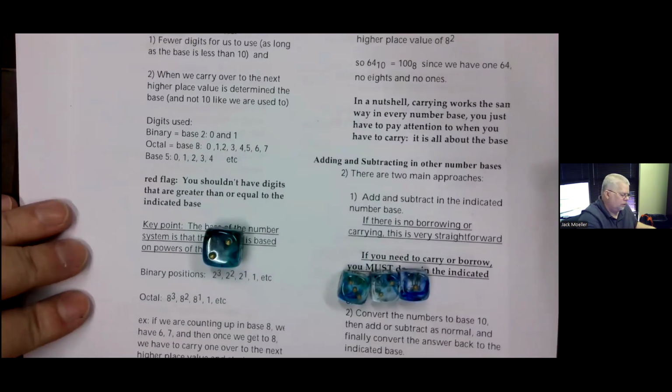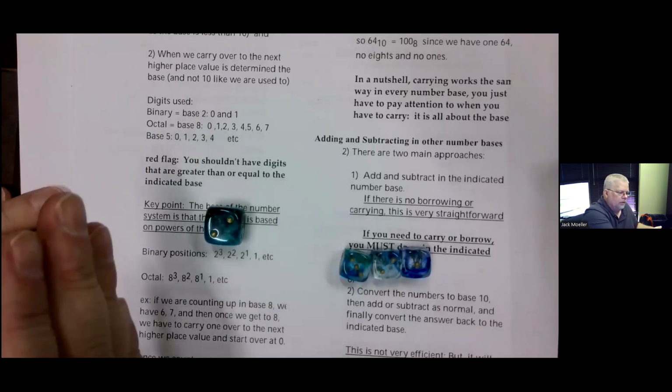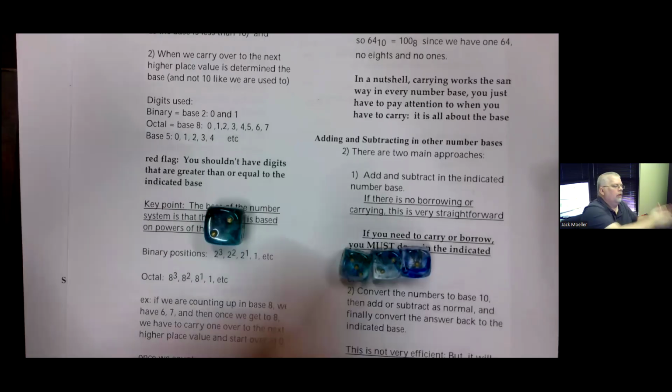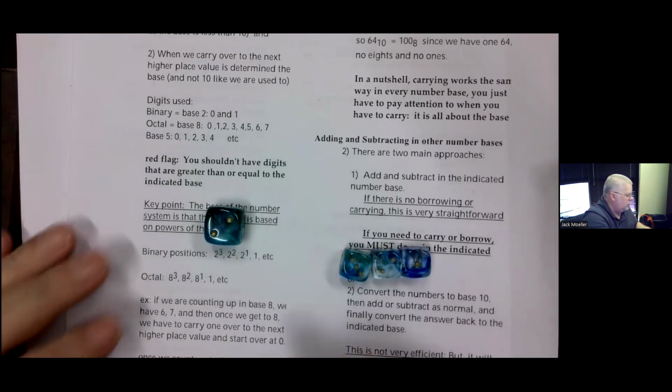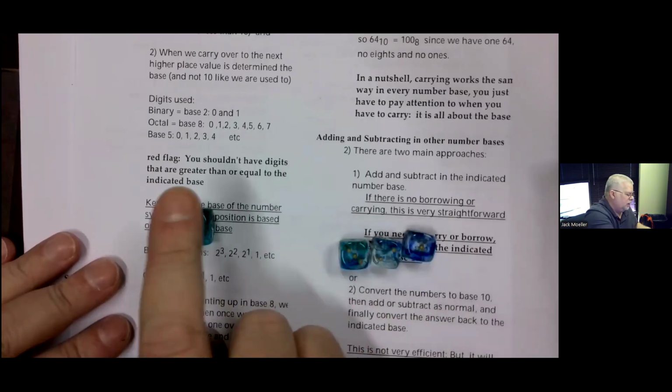So it doesn't matter if we're in the ones place value or the fives place value or the 5 squareds place value. Once you get to where you carry over to the next higher place value, you subtract your base, that goes over here, and then what you have left over is in the original place value.